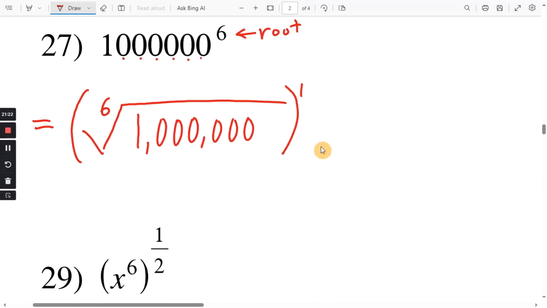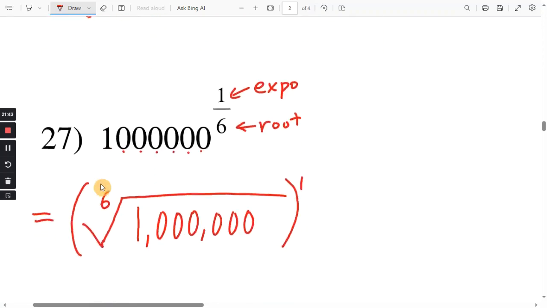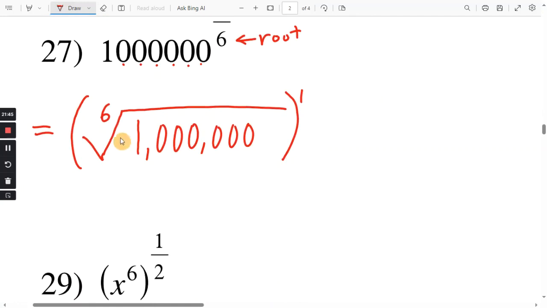If you think about it, when you have a square root, you're asking what multiplied 2 times will give you 9, and that's 3, because 3 times 3 is 9. When it's a square root, the number is multiplied 2 times. So in this case, they're asking what number multiplied 6 times will give you 1,000,000.